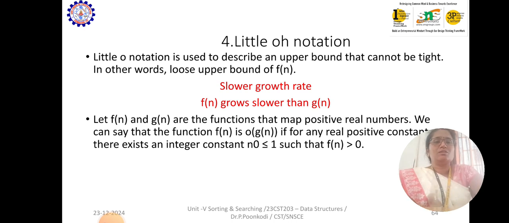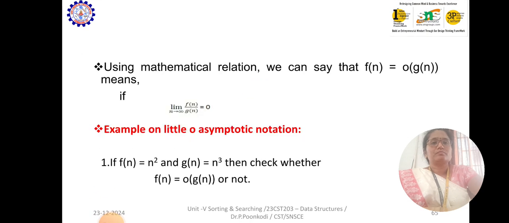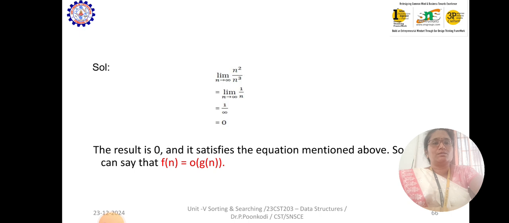Let f of n and g of n be functions that map the positive real numbers, and we can say that f of n is o of g of n if a positive constant exists. For this, we use the mathematical relationship represented as f of n equal to o of g of n. An example of this little o asymptotic notation.